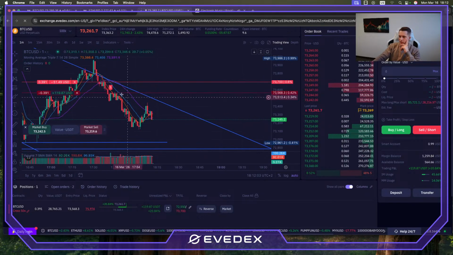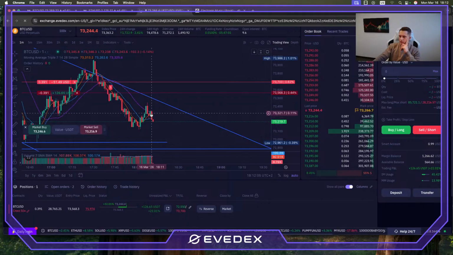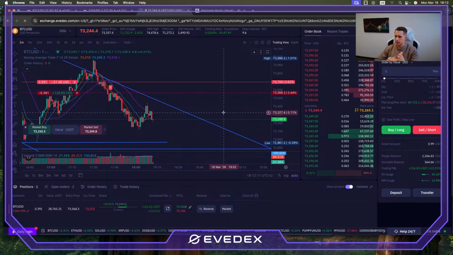And there we go, it's picked up its speed again and the price is going bearish. It had a bit of resistance there, and then it's got that momentum again. And now the short positions are overpowering the long positions in the market.